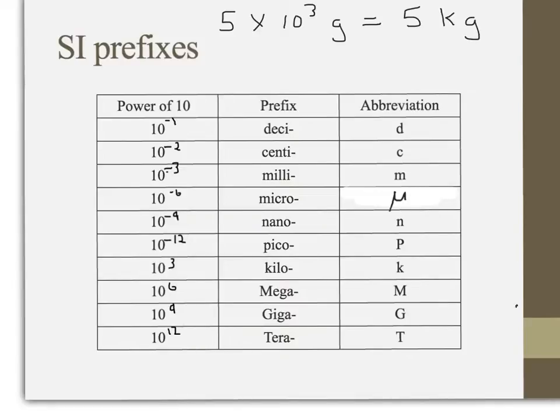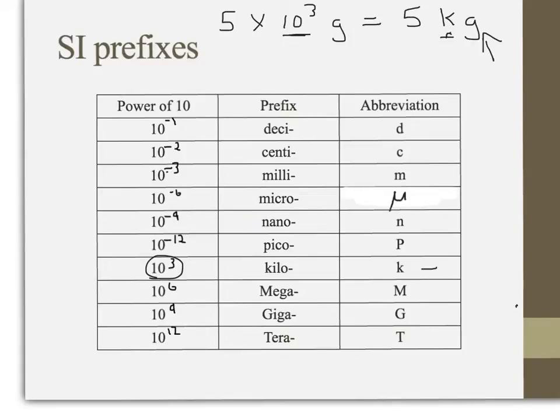The K here is a prefix. It's actually the symbol that goes in front of the basic unit, which is the gram, and indicates a multiple of 3. And if you look here at this chart, the K here stands for a kilo, which represents 10 to the 3. So this 10 to the 3 right here can be replaced with a kilo, which is abbreviated with a K.